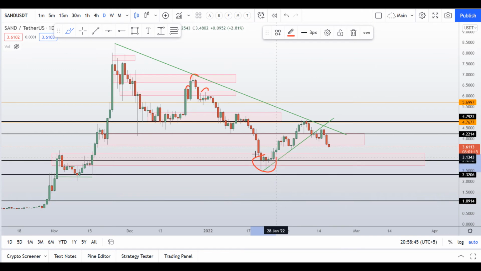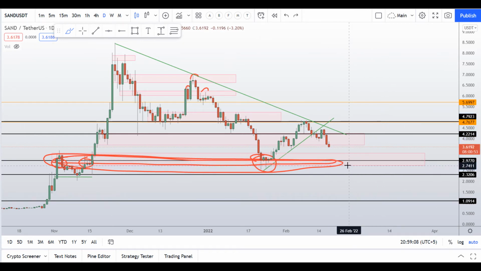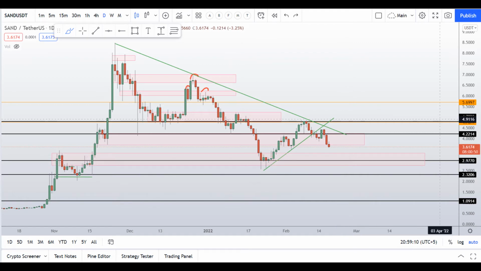As you can see, multiple touches are here at this $3 level. So let's hope that Bitcoin bounces from around 39 and 38k, and by that time Sandbox will come here and you will see a massive bounce from this coin if we see a massive rally in the Bitcoin. So that's my quick analysis for Sandbox.